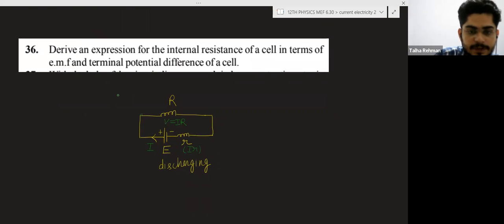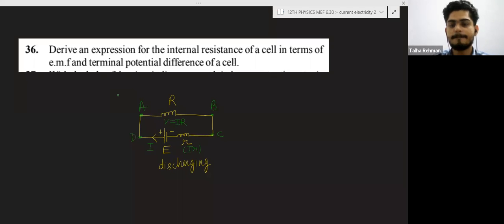Now take points. Suppose this is point A, B, C, and D. Now we will apply KVL here, Kirchhoff's voltage law. You can choose any direction. You can choose the direction same as that of current, or the direction opposite to the current.